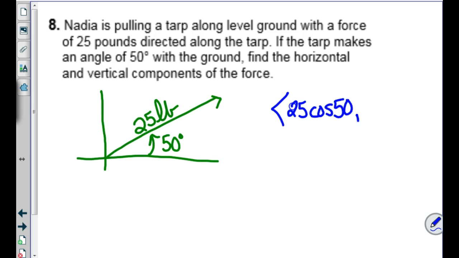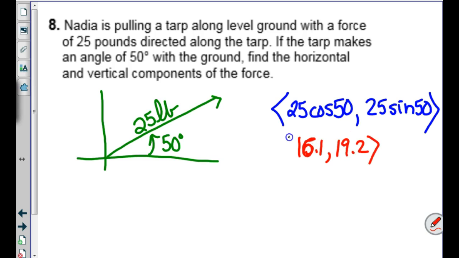Yep. 15.1. Okay, thank you. And 19.2. If I wanted to check those, could I do Pythagorean theorem on those numbers and it should get back to 25, guys?